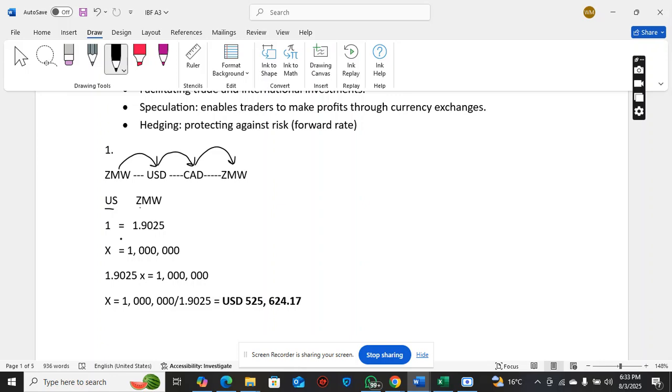We cross multiply: 1.9025 times x equals 1 million. Then you divide 1 million by 1.9025. So this 1 million kwacha, when converted into dollars, becomes $525,624.17. Any questions on this before we move further?